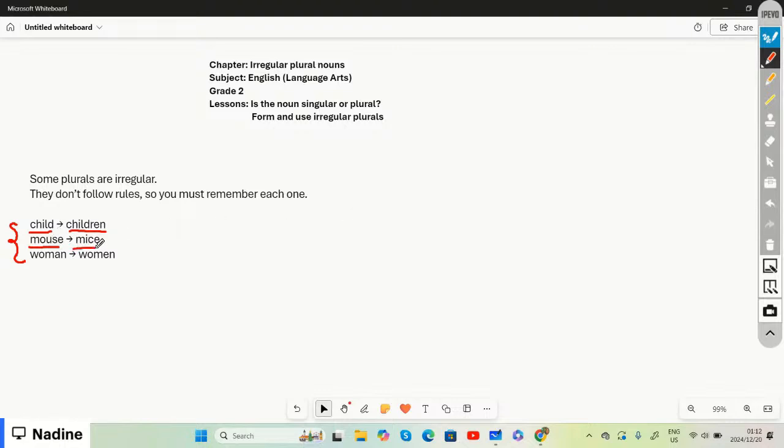So do you see how the word changes from mouse to mice?